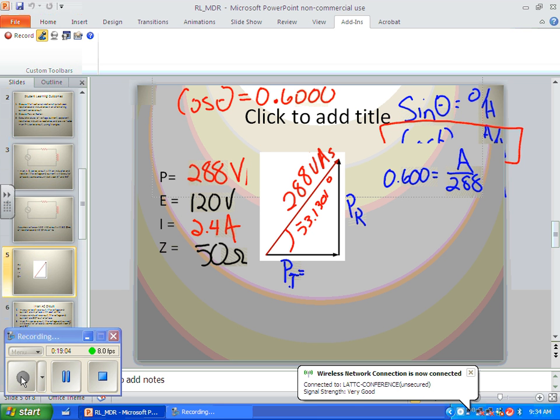So now we have the cosine is equal to A over H, except we have solid numbers for everything except for the thing we're looking for. Isn't that wonderful? So now we can just multiply 288 times both sides, and we'll get down here 288 times 0.6 is equal to 172.8 watts.